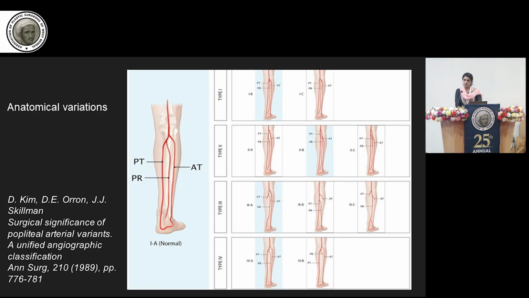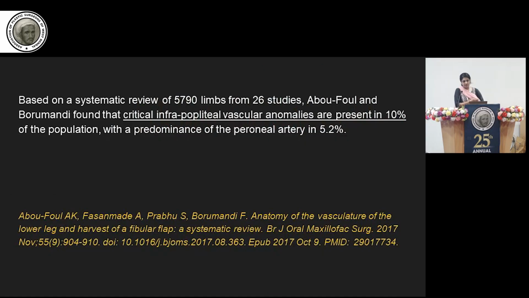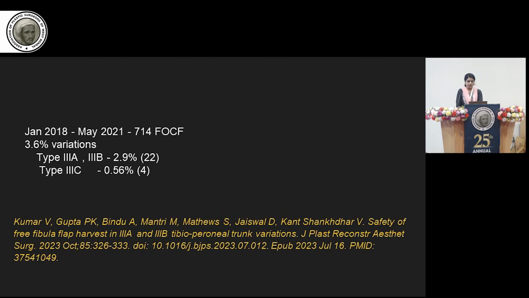Based on a systematic review of 5,790 limbs, Abu Faul and Bormundi found that critical infrapopliteal vascular anomalies are present in 10% of the population, with the predominance of the peroneal artery, 5.2%. The group from TMH recently published their data of 3 years, January 2018 to May 2021, where over 714 fibula flap harvest patients were analyzed, and 3.6% had certain types of variations.